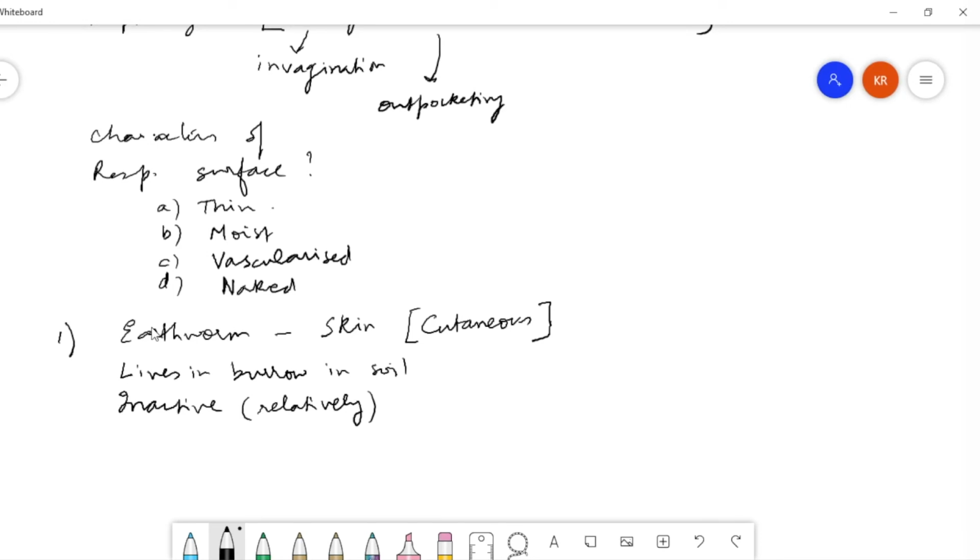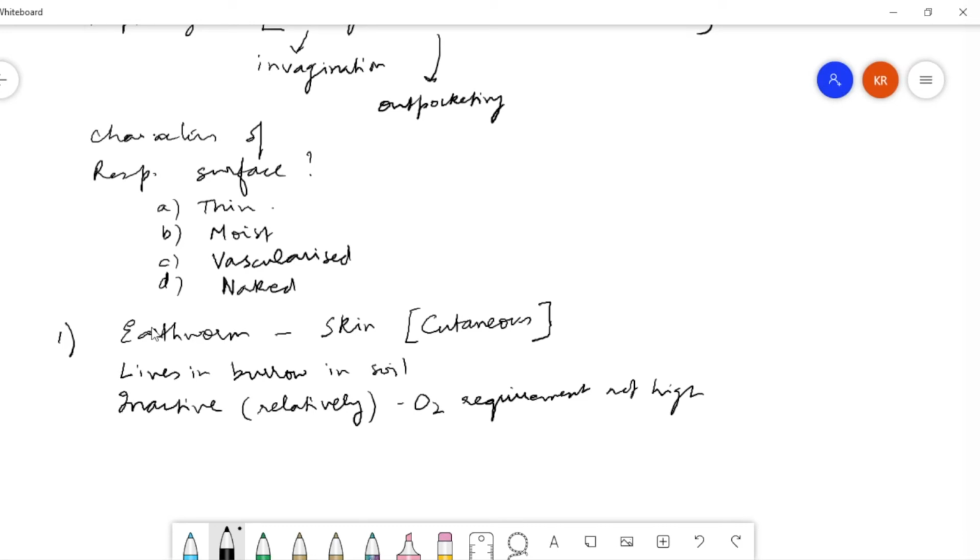That means their oxygen requirement is not high. So we must remember this, that the oxygen they require is not very high because they are living inside a burrow and they are inactive.